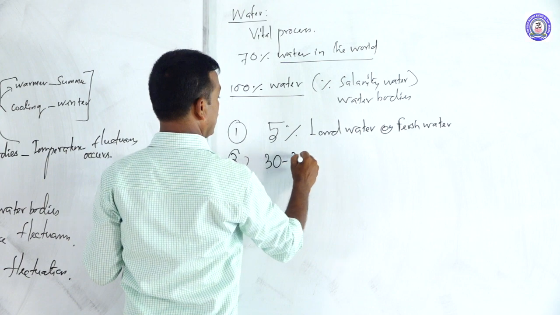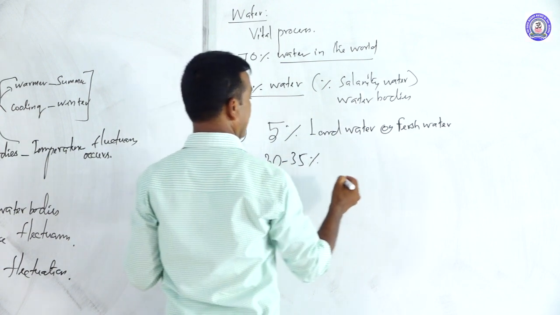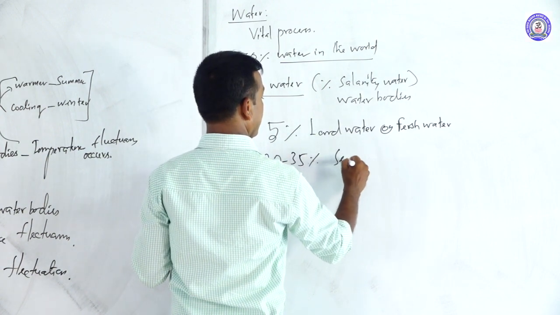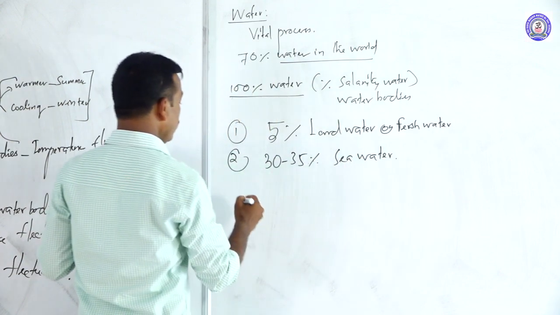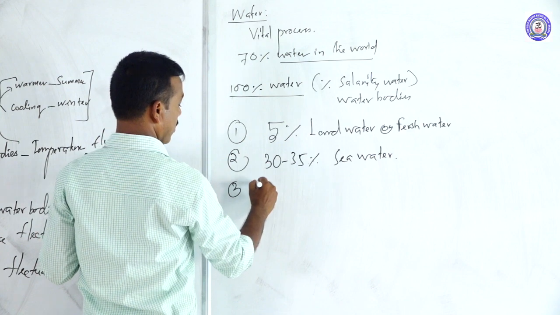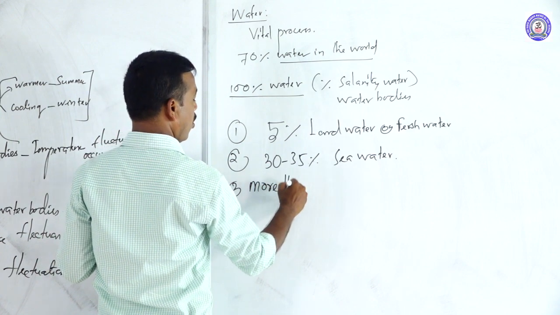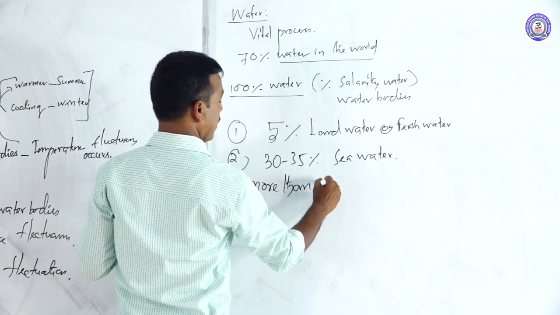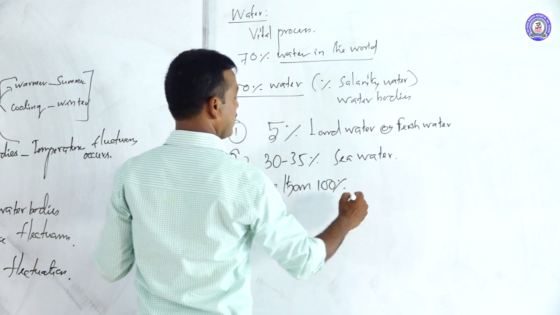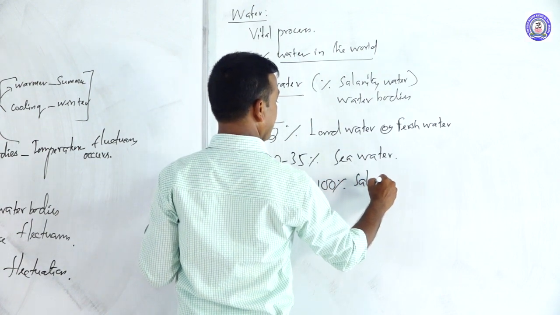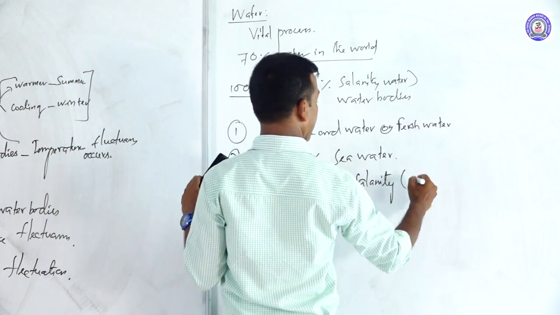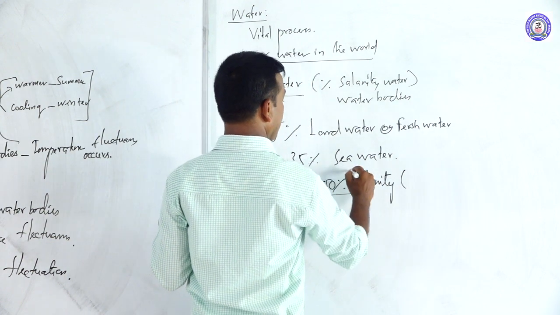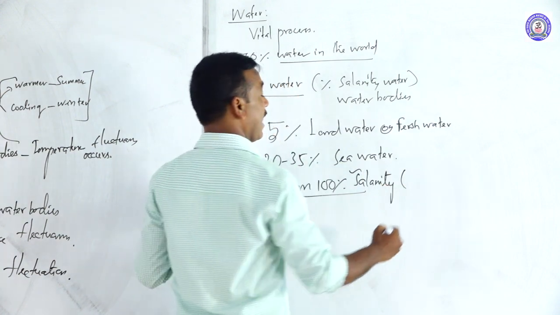30 to 35% of salinity occurs in sea water. The third one: more than 100% salinity is commonly called hypersaline.